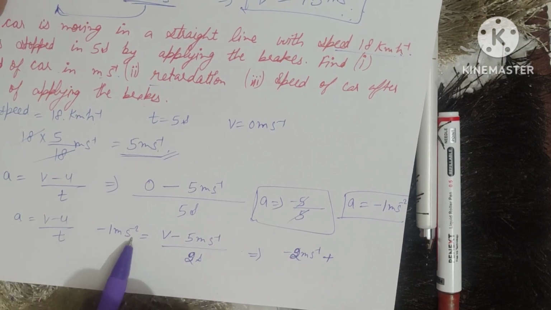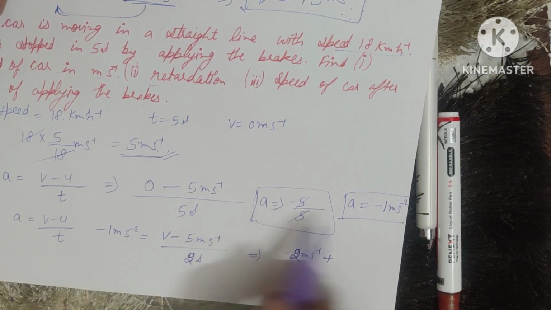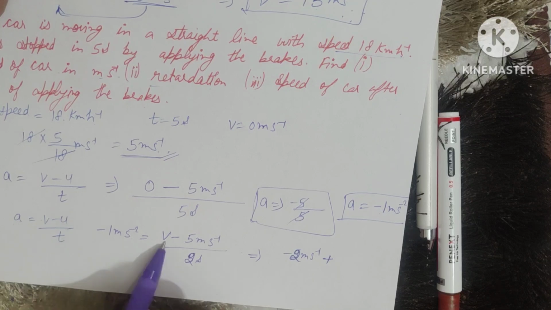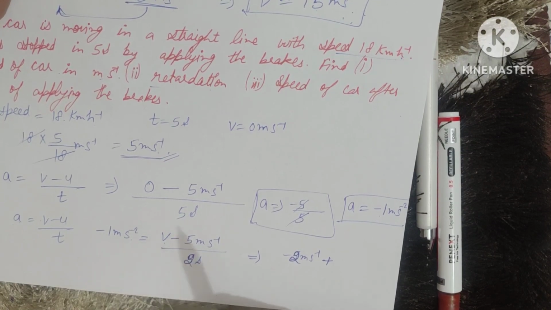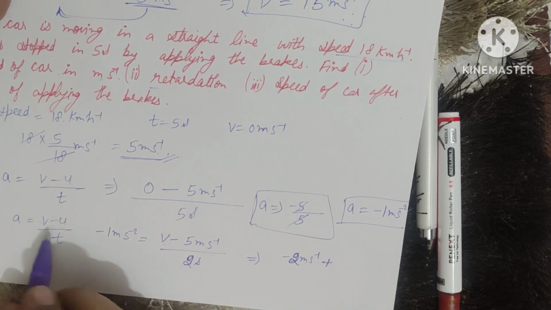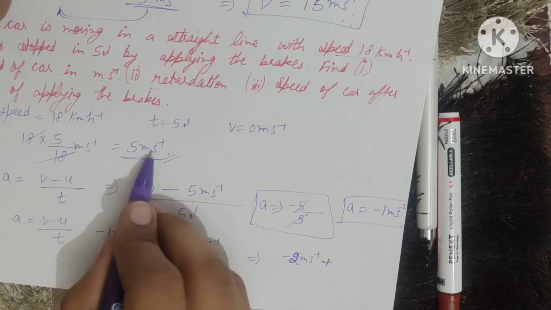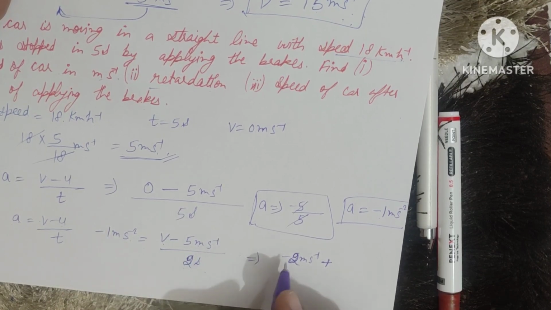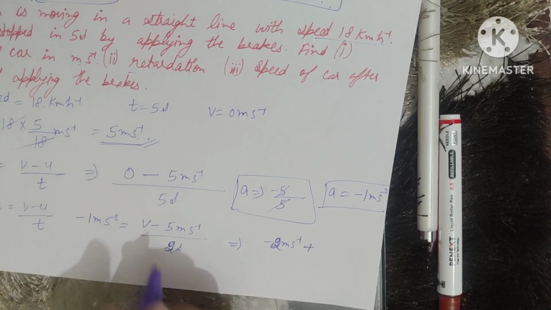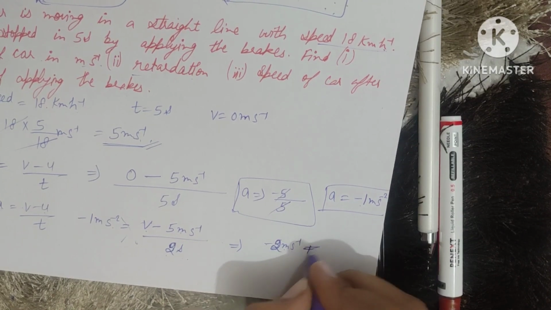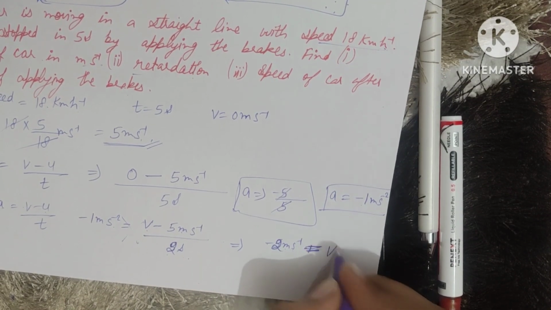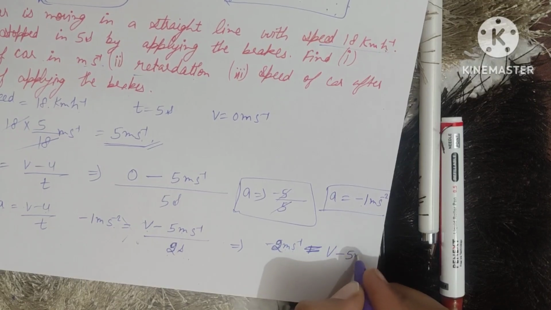A is minus 1 meter per second square that we just found. V stays as it is, because we need to find the speed after the brakes are applied for 2 seconds, which means the final velocity. The initial velocity is 5 meters per second, divided by the 2 seconds. After cross multiplication, minus 2 meters per second is equal to v minus 5 meters per second.